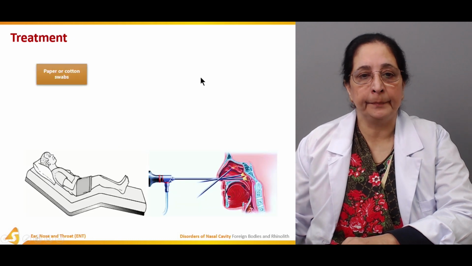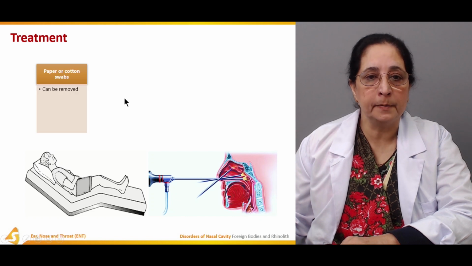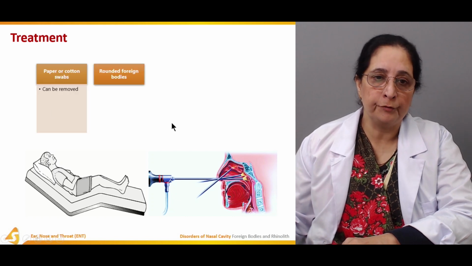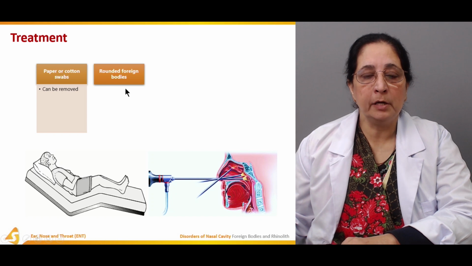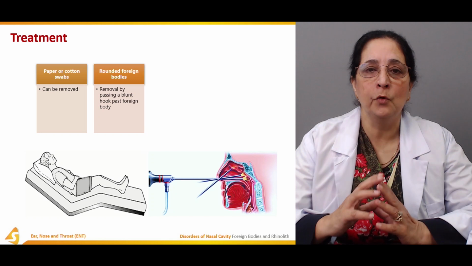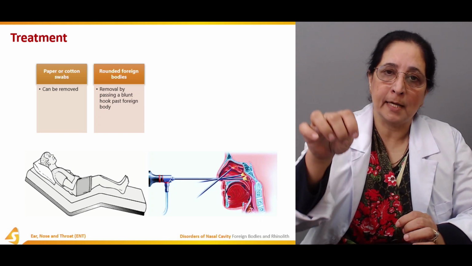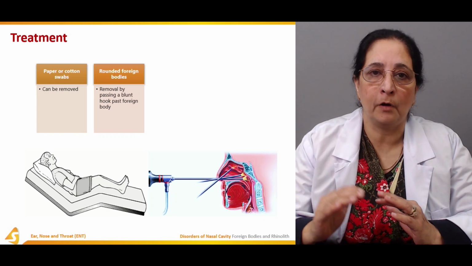Treatment: if it's paper or cotton swabs, it can be removed. Rounded foreign bodies are usually removed by a blunt probe or a hook. You pass it beyond the foreign body.